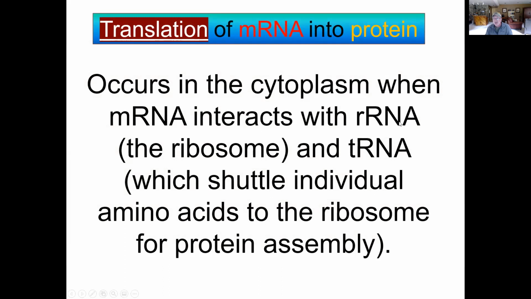So the ribosome, remember, is where the protein is going to be assembled. Protein synthesis occurs here. And we will also talk about the third type of RNA called transfer RNA. And as the slide indicates, this is going to play an important role in helping to shuttle individual amino acids to the ribosome, which then help to make the protein.